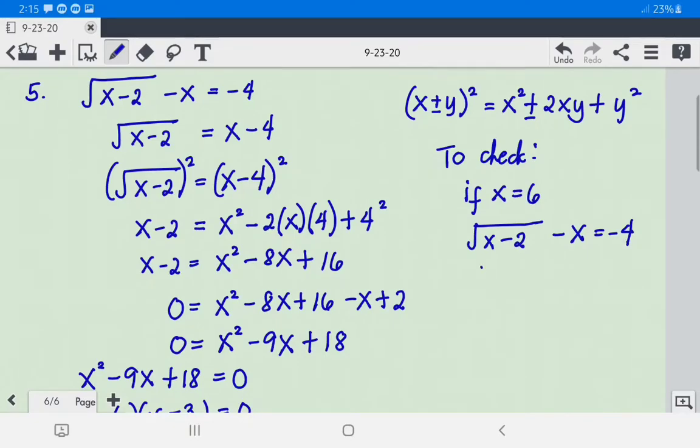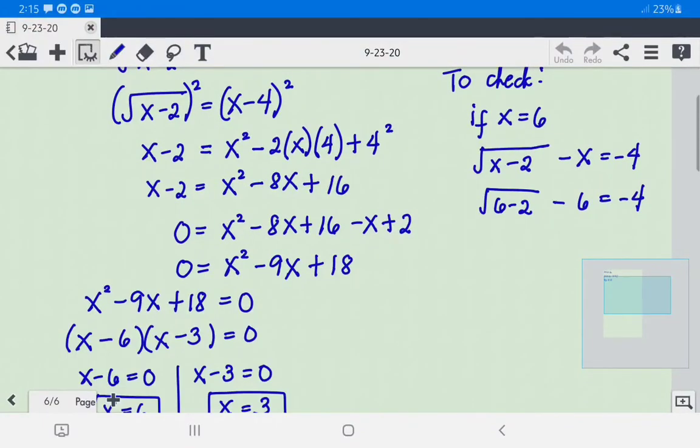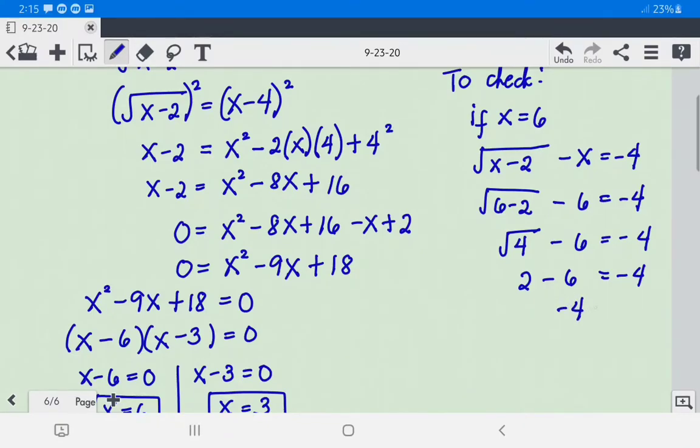So we have the square root of 6 minus 2, minus 6 equals negative 4. So 6 minus 2, that is 4. So the square root of 4 minus 6 equals negative 4. The square root of 4 is 2. Then minus 6 equals negative 4. 2 minus 6, we have negative 4 equals negative 4. So check.